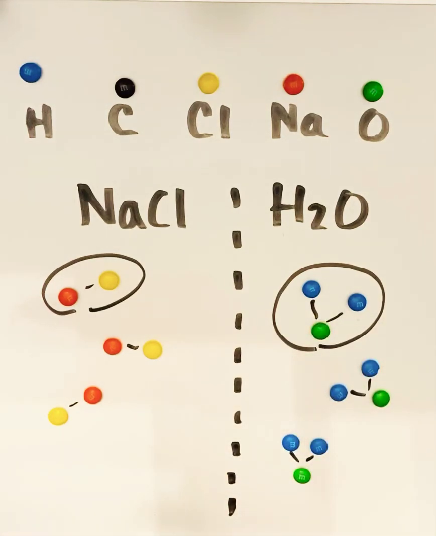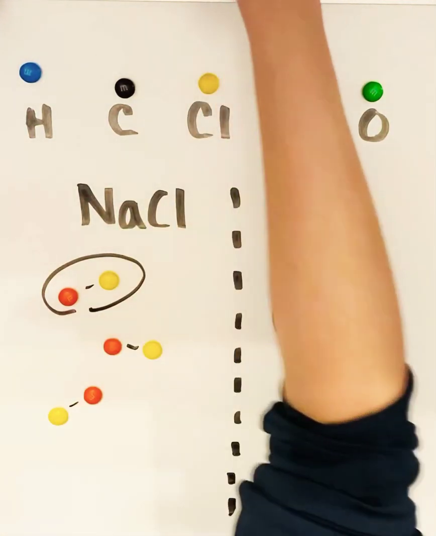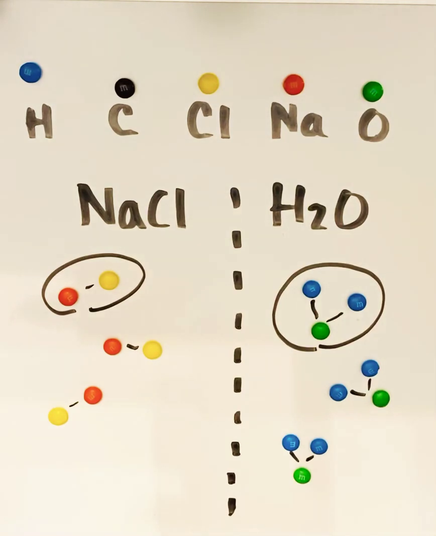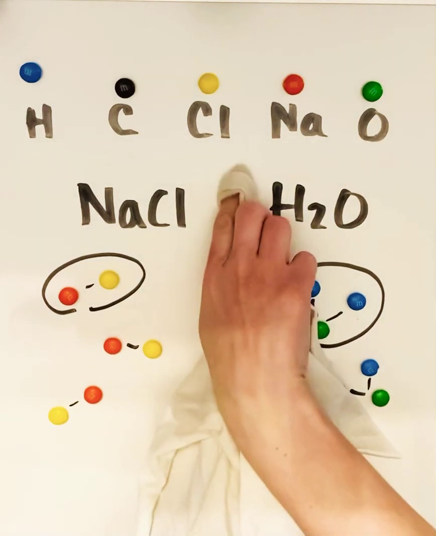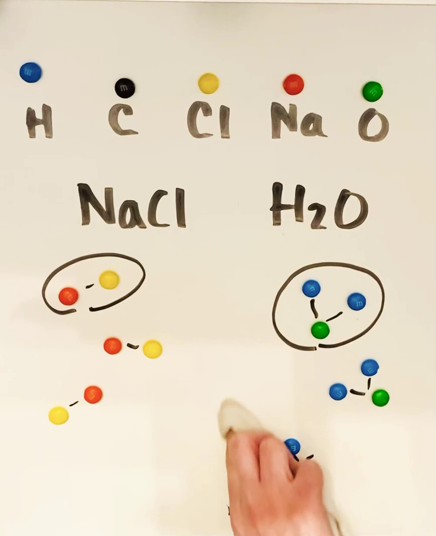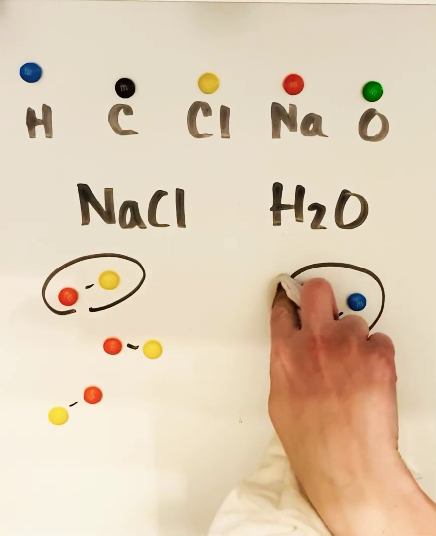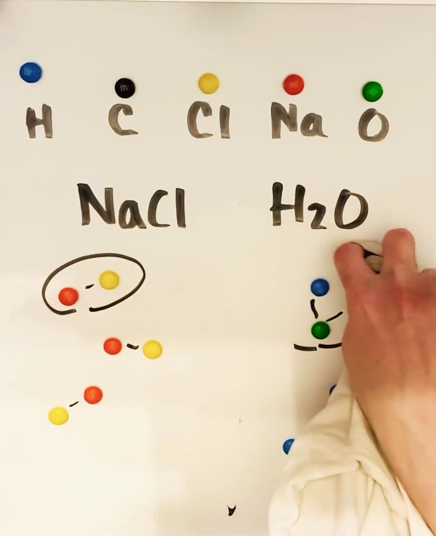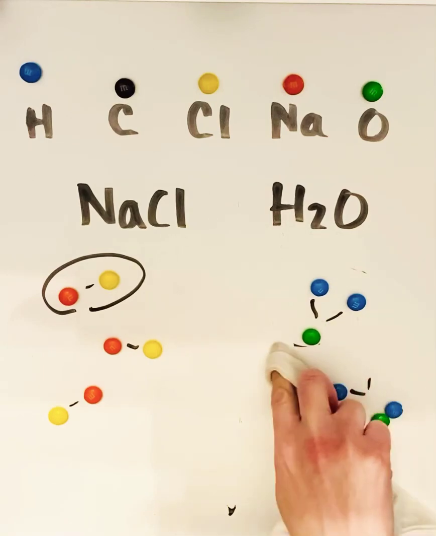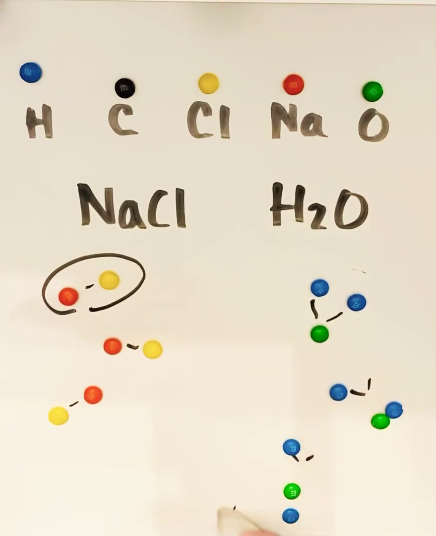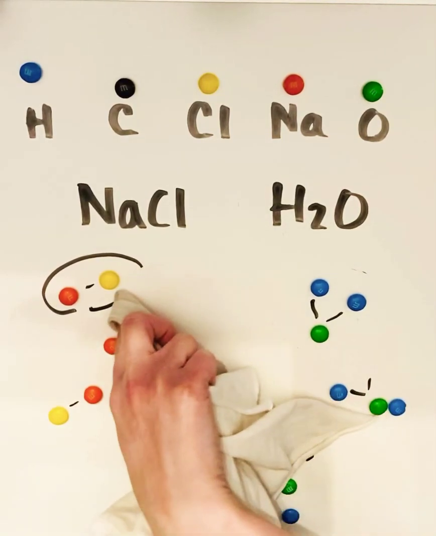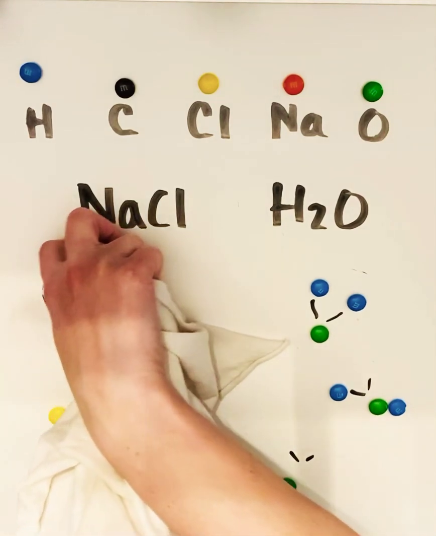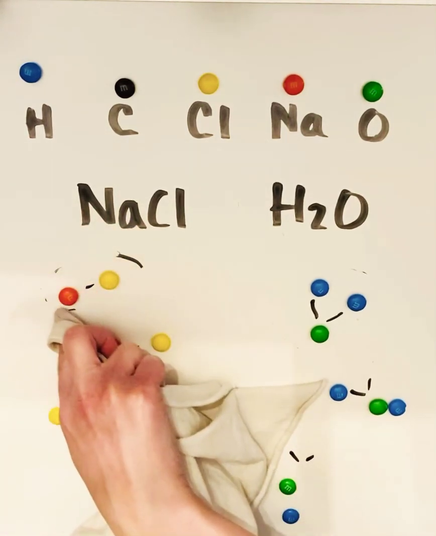However, if I decide that I'm going to mix my sodium chloride together with my H2O, then I've created a mixture. The sodium chloride and the H2O are not combining together chemically. The sodium chloride crystals will dissolve in the water, but you can still separate them out later.